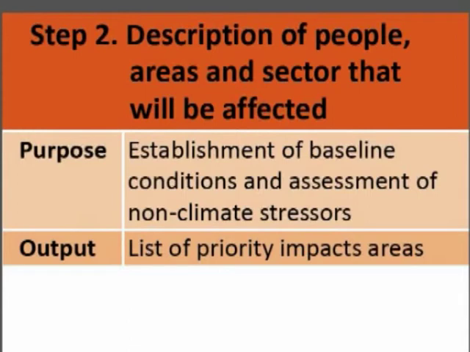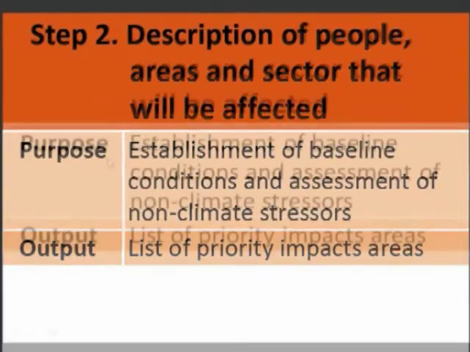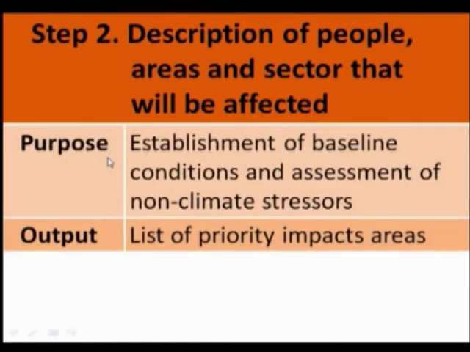Moving on to step number 2, this is a description of people, areas, and sectors that will be affected or likely be affected by climate change. The purpose of this step is to establish baseline conditions and also to assess the non-climate stressors.